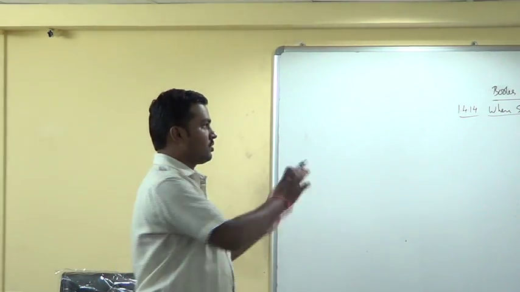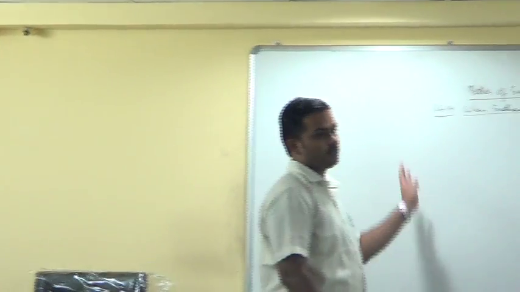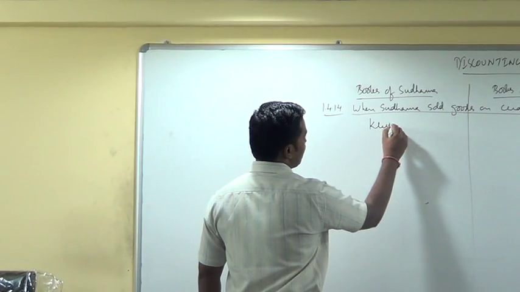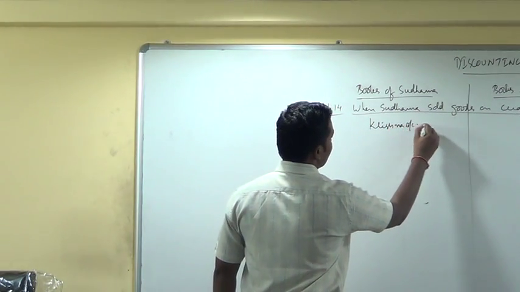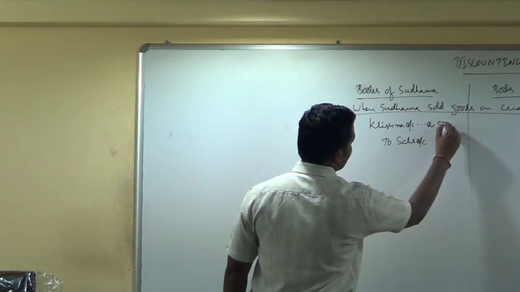Now what is happening? Sudama is selling goods on credit to Krishna. What is the entry you pass when you sell goods on credit to Krishna? Krishna account debtor to sales account. How much? 50,000.